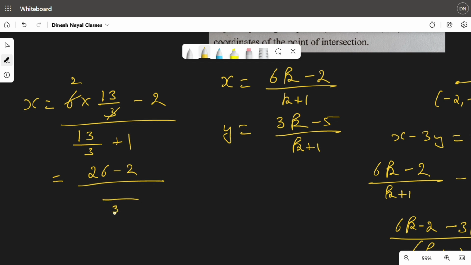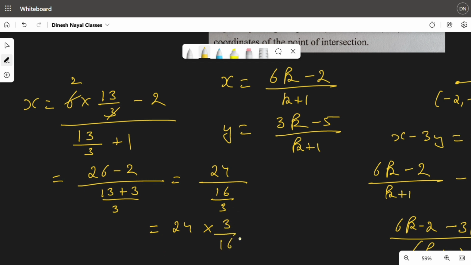Cancelling, 3 goes 2 times, so 13 into 2 is 26 minus 2. Take the LCM as 3 for 13 by 3 plus 1: 13 plus 3 is 16 by 3. So this is 24 divided by 16 by 3, which is 24 into the reciprocal, 3 by 16.